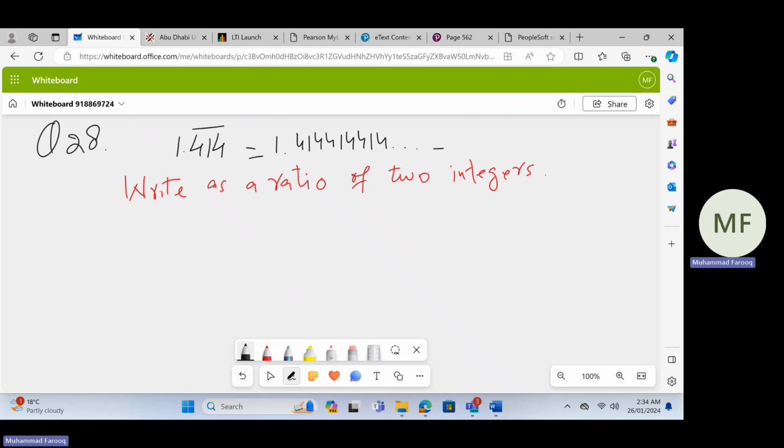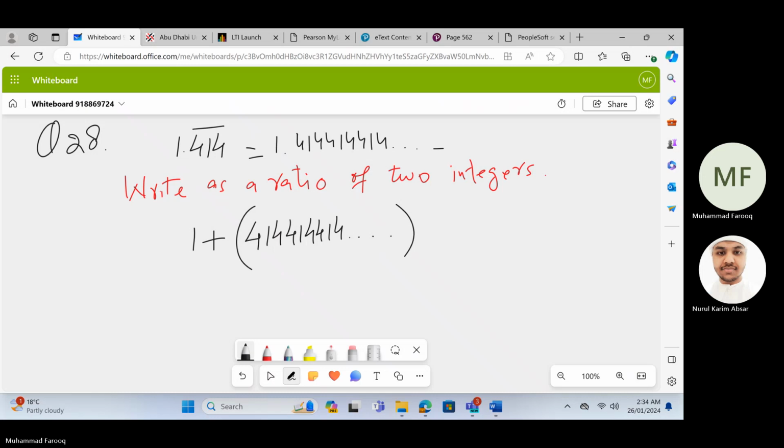Let's say it is 1 plus, and then you have 414, 414, 414, and of course it can be separated. I just take two parts: the number before the decimal and the number which is repeating.